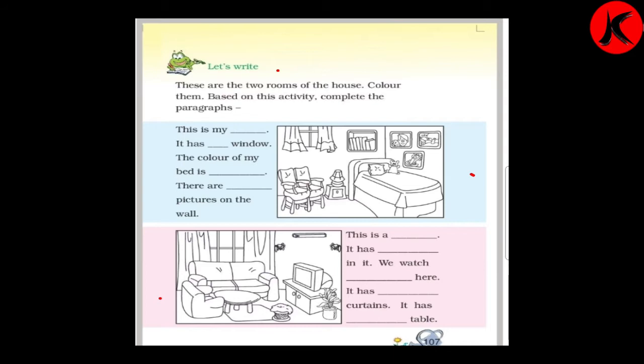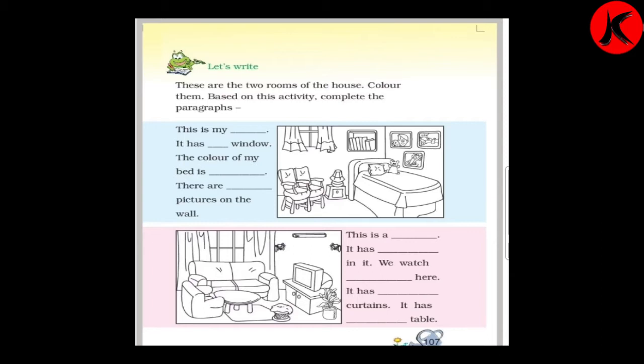This is my dash. So what will you write? This is my room. R-O-O-M. This is my room. Then it has dash window.